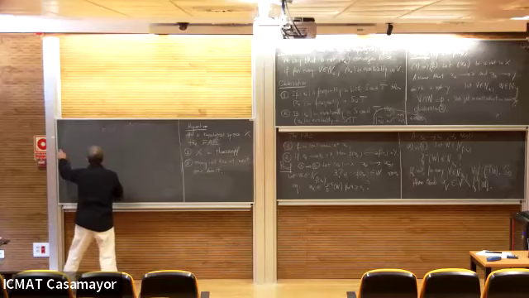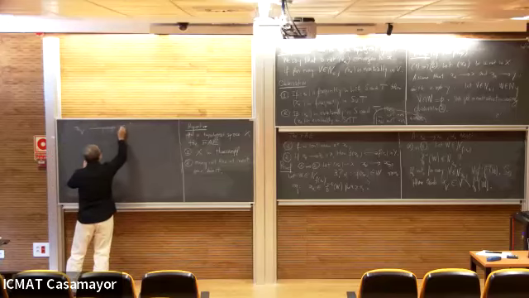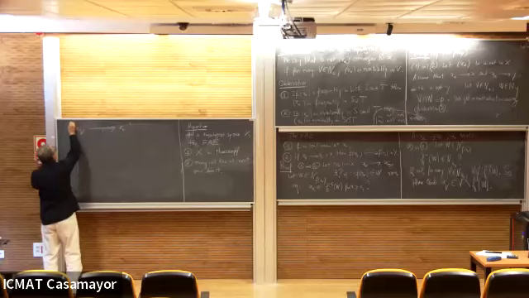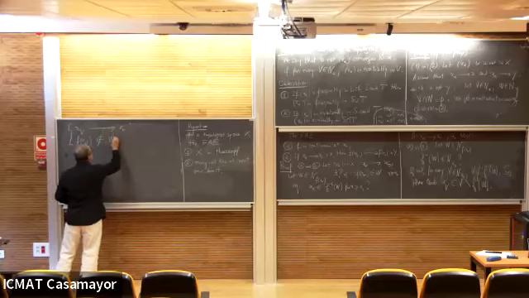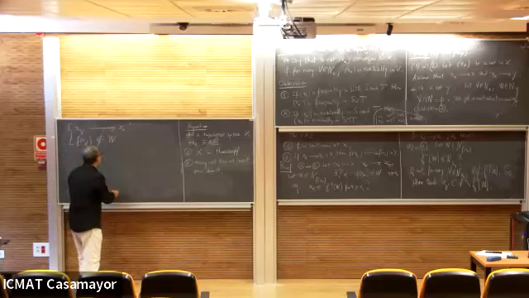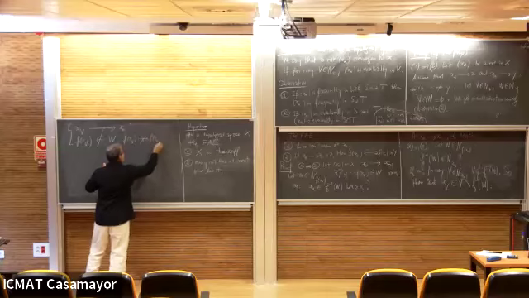Now we want to show that x_V converges to x0, but f of x_V does not belong to W. And this shows that f of x_V does not converge to f of x0.